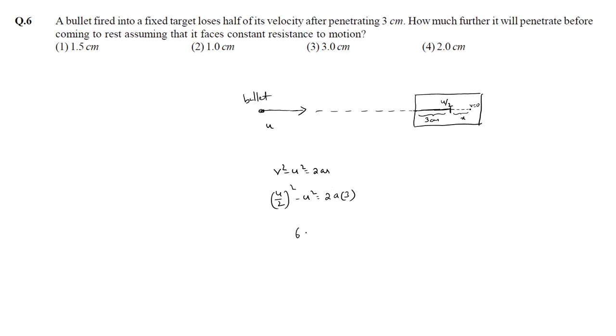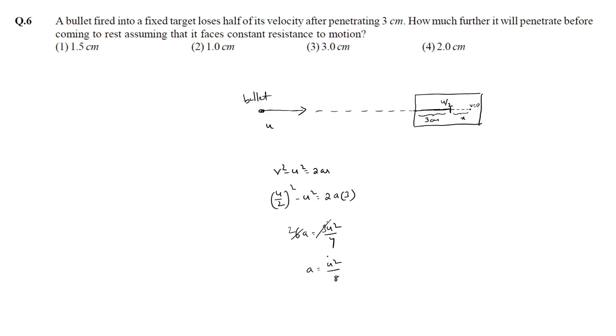So 6a is equal to 3u square by 4. If you simplify and cancel, we will get a is equal to u square by 8. That is the acceleration with which it is traveling.